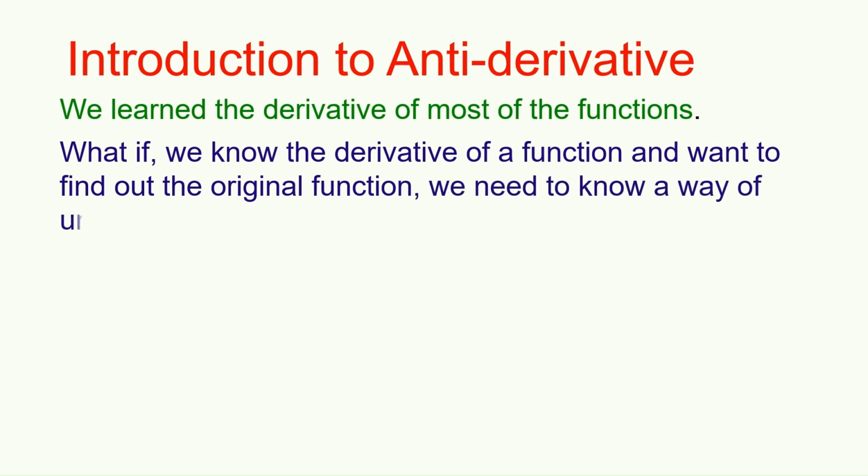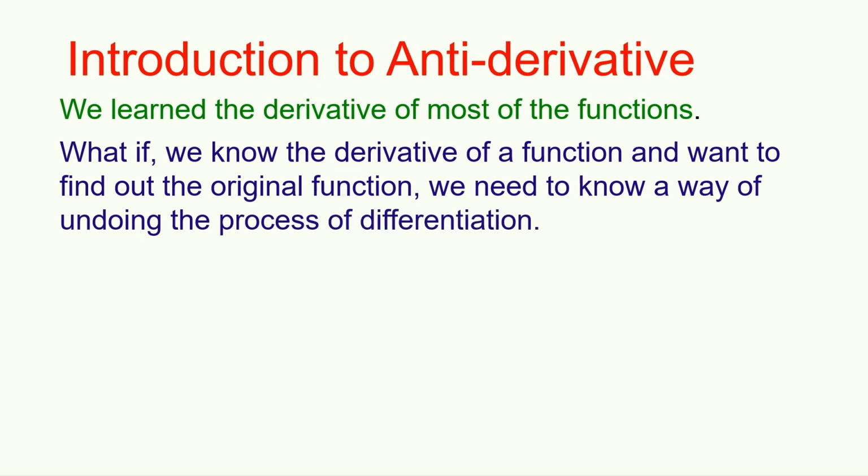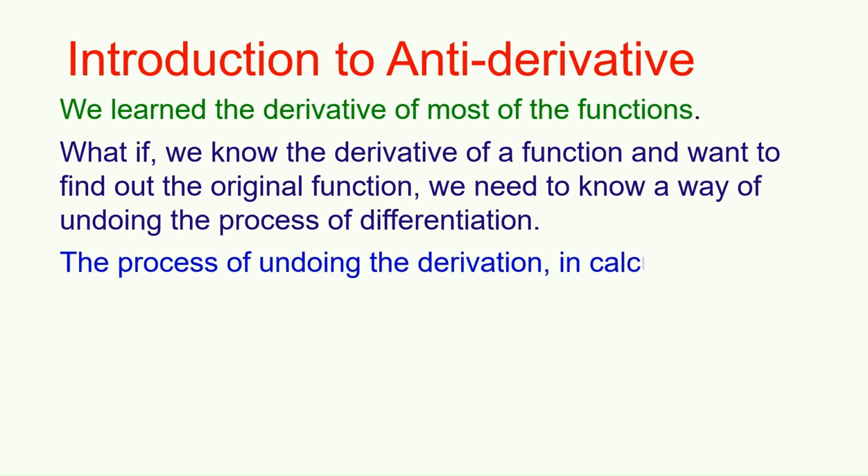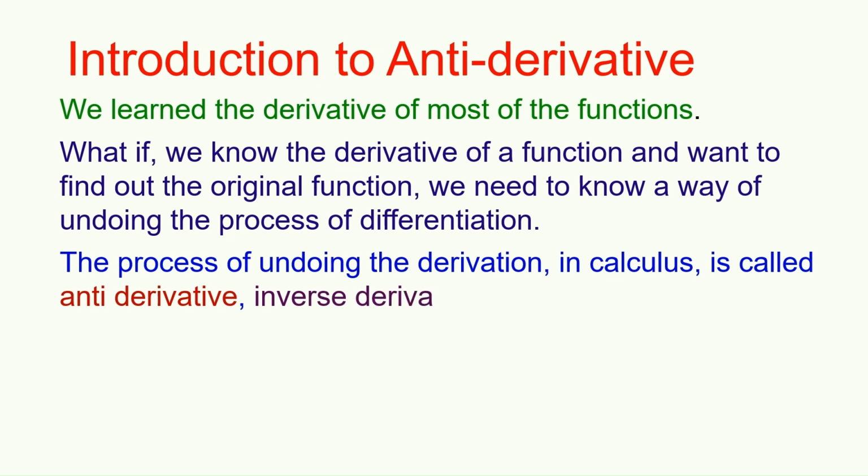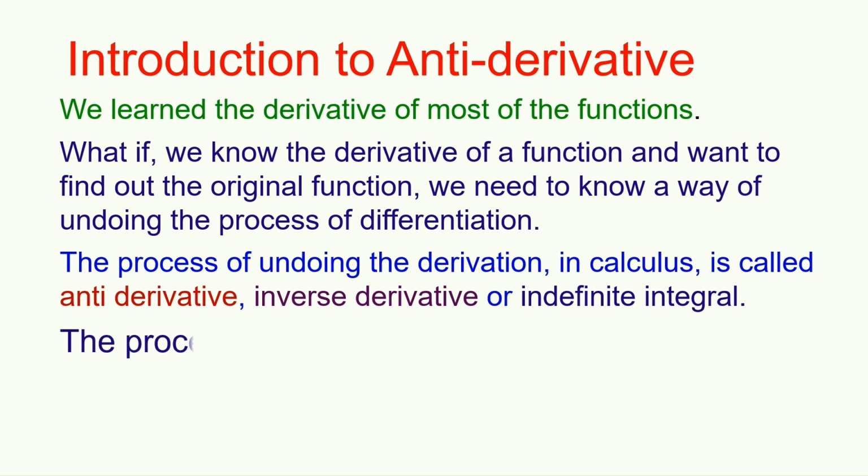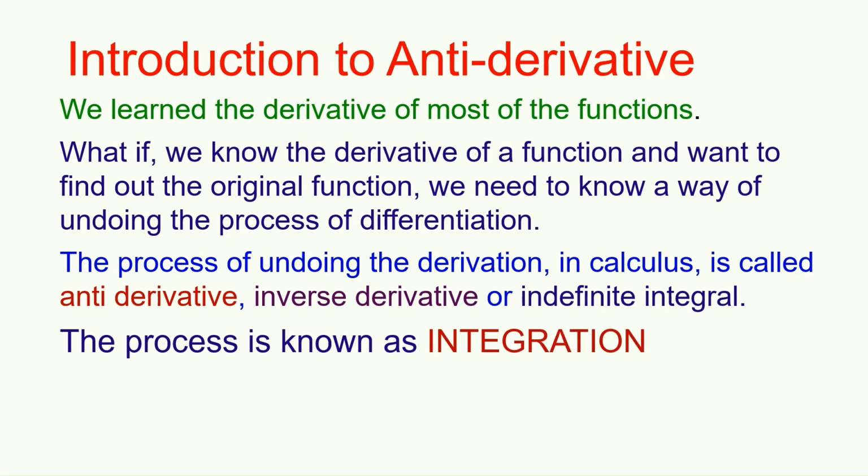So we need a way of undoing the process of differentiation. The process of undoing differentiation in calculus is called antiderivative, or inverse derivative, or indefinite integral. The process is known as integration.